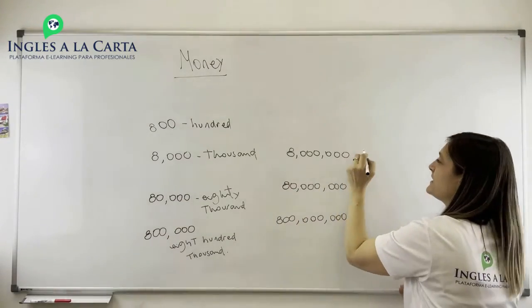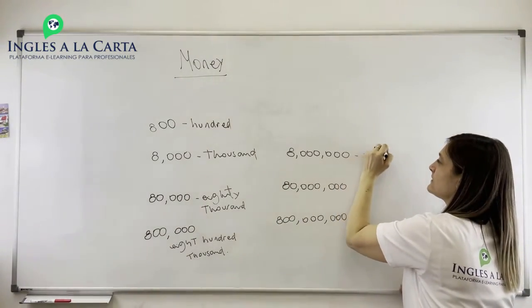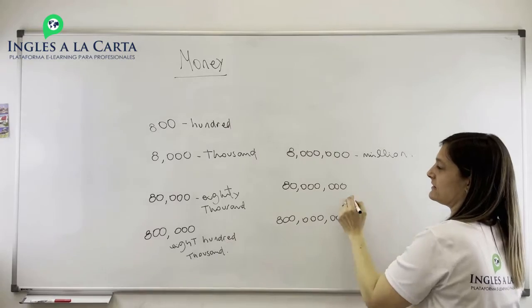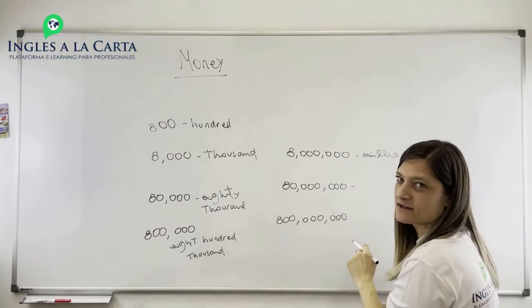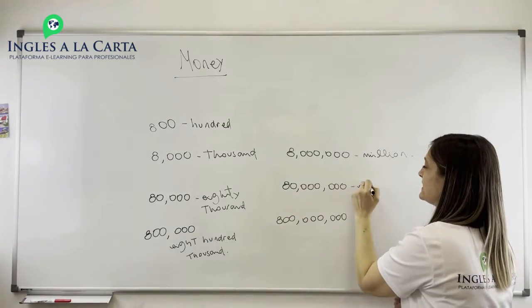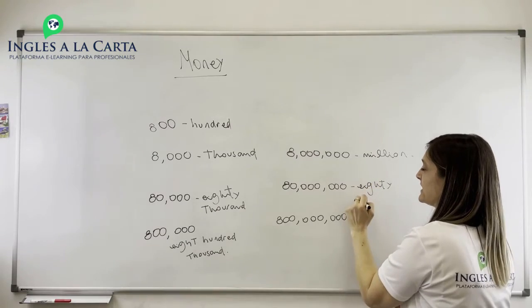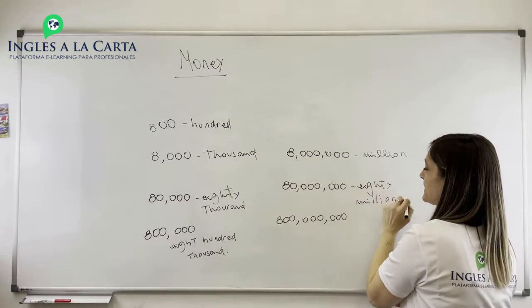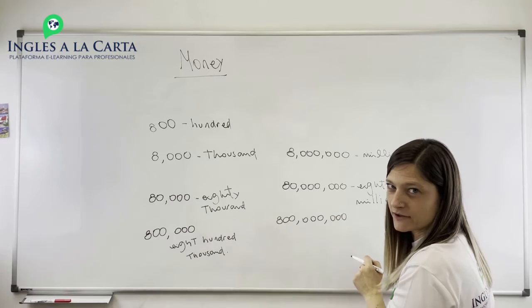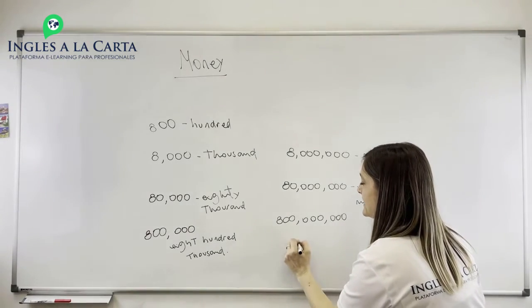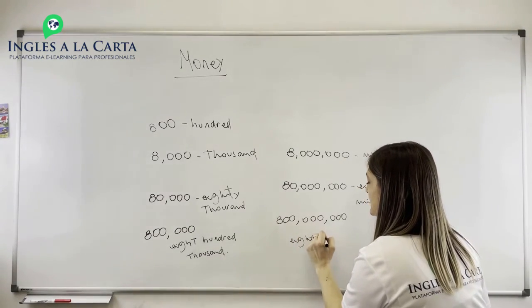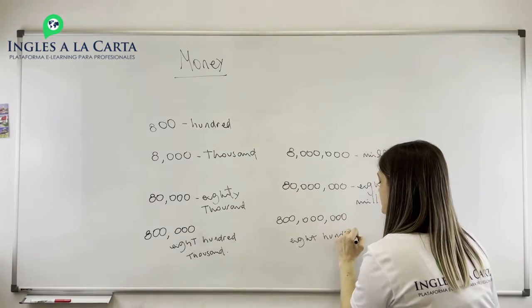Here we have 8 million. And here, do you know? Right. 80 million. And here, any clue? 800 million.